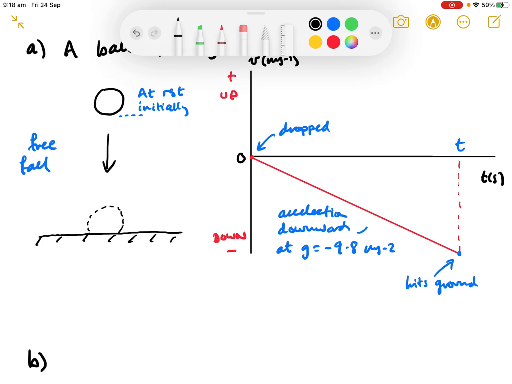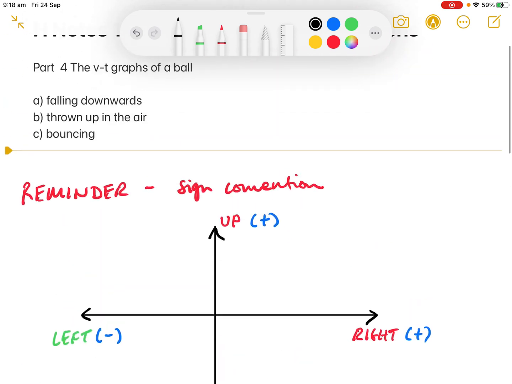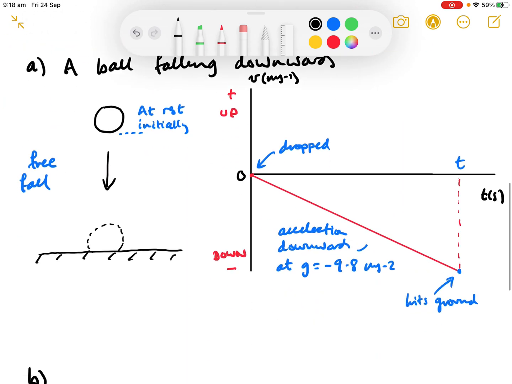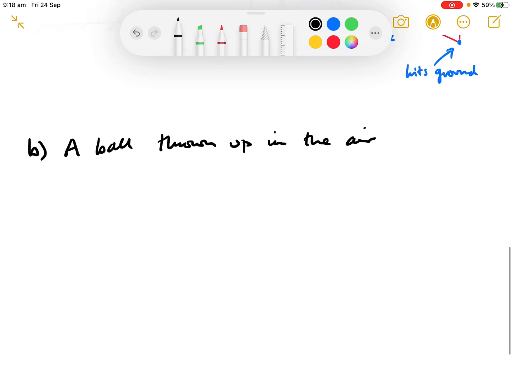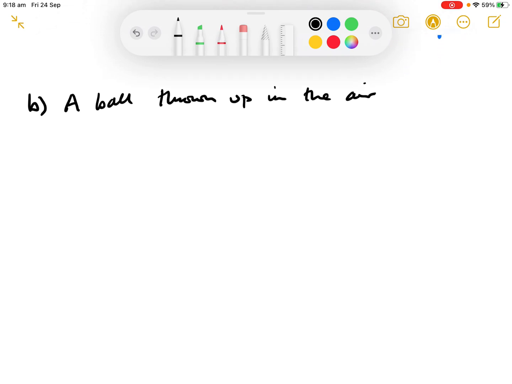Part B was the ball thrown up in the air. So the situation diagram for this is this.